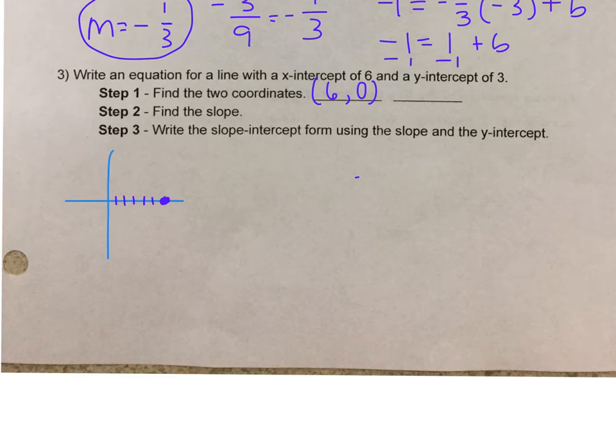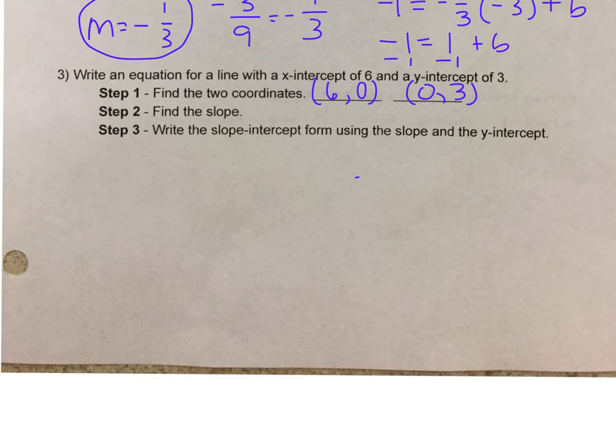Now I have a coordinate, and it has a y-intercept of 3. It means there's another dot on this line that's crossing right here at (0, 3). Now I have 2 coordinates, and I can do what I've done in the previous problem. I can find the slope, find the b, and then write my slope-intercept form.